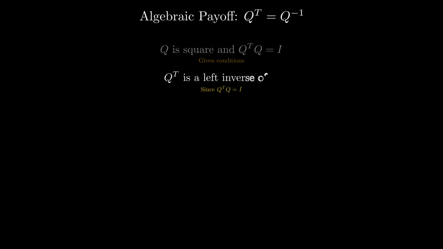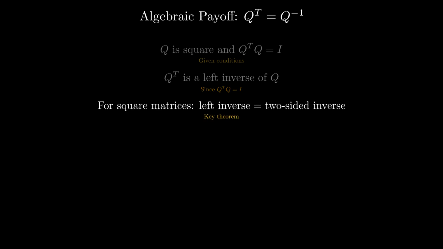Here's the algebraic payoff. Suppose Q is a square matrix and Q transpose times Q equals the identity. Then Q transpose equals Q inverse. Why is this true? Well, Q transpose times Q equals I means that Q transpose is the left inverse of Q. And for square matrices, a left inverse is automatically a two-sided inverse.